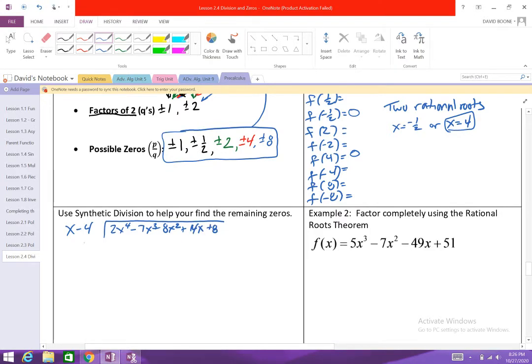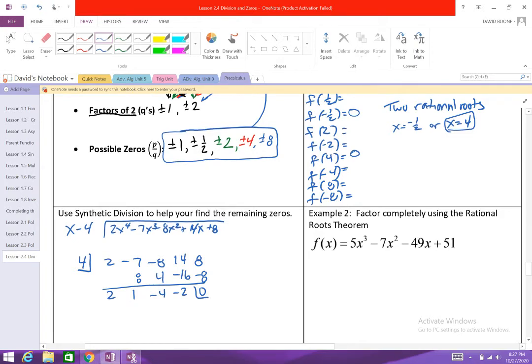When we do the synthetic division, I would take this 4, box it in, and then take each of the coefficients, 2, -7, -8, 14, and 8, and perform the synthetic division. So bring that down, multiply and add, multiply and add, multiply and add, multiply and add. That's where we get that remainder of 0.